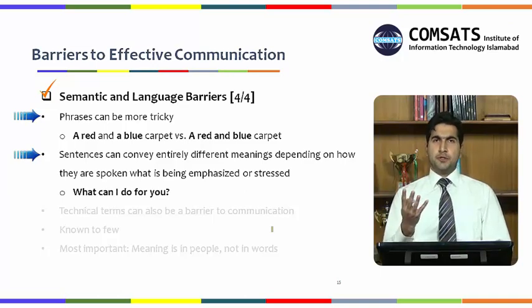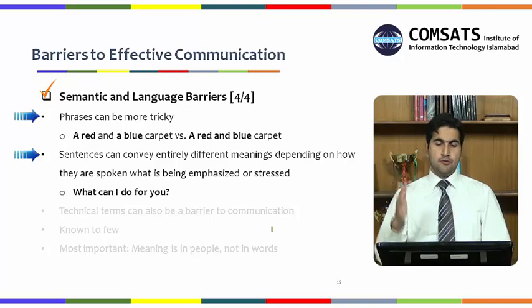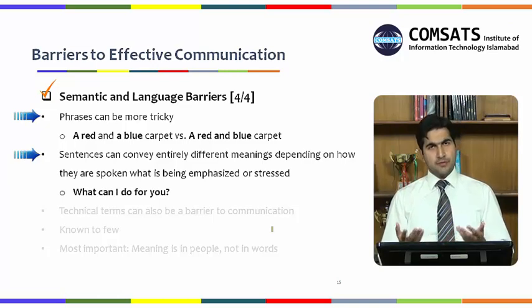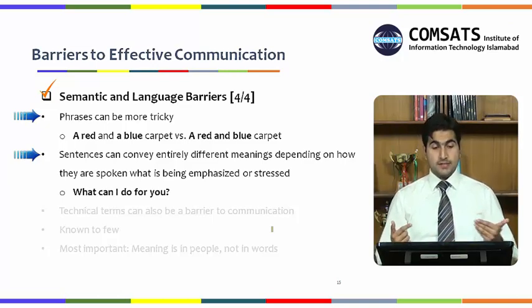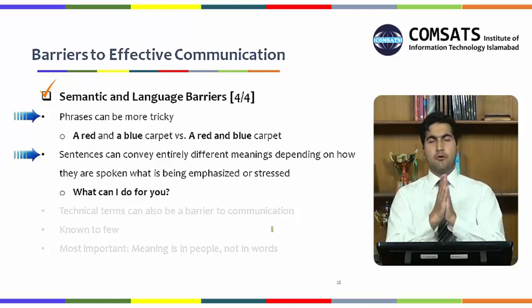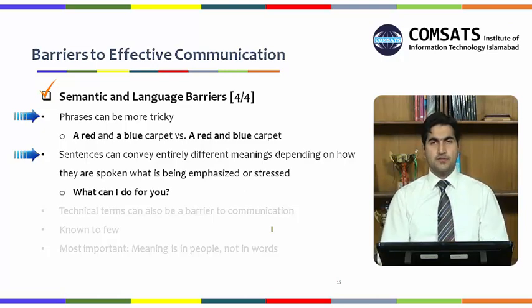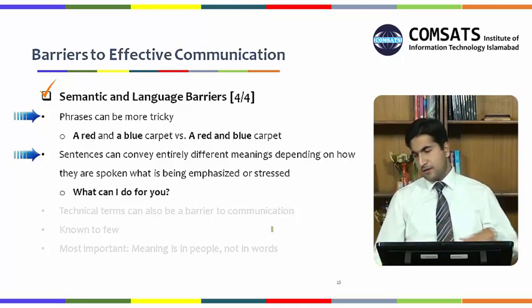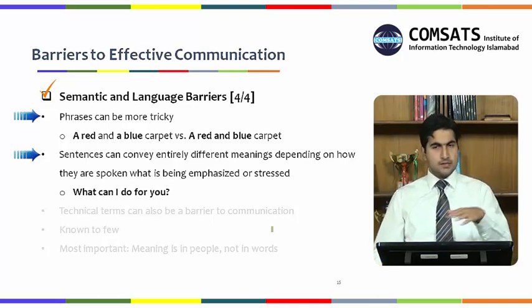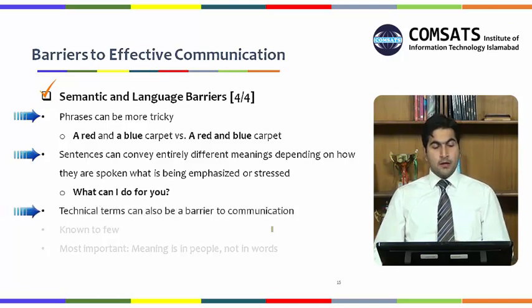So four expressions just for your convenience, but this stress, this rise and fall and emphasis conveys different meaning. If you are able to get it, it's okay. Otherwise, this variation, rise and fall, emphasis and stress itself becomes a barrier as well. So proper comprehension is needed. Otherwise, these impediments are surrounding us from all over.